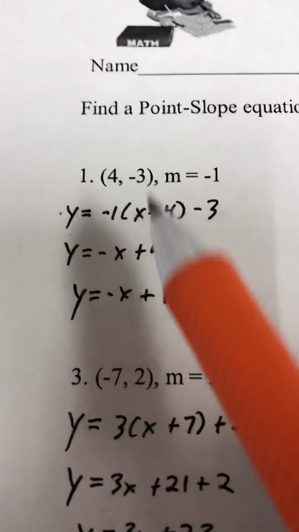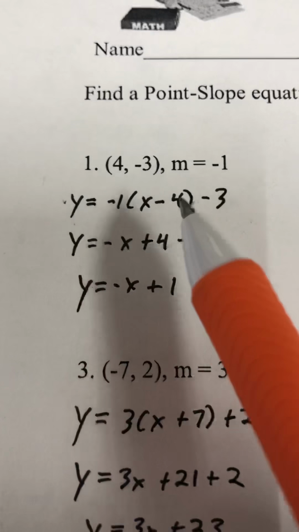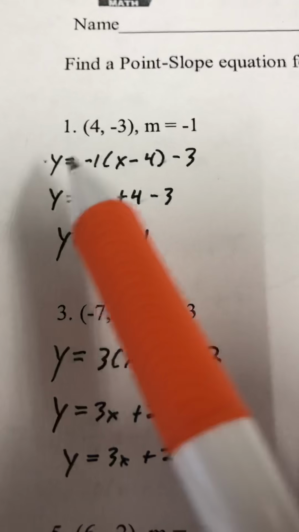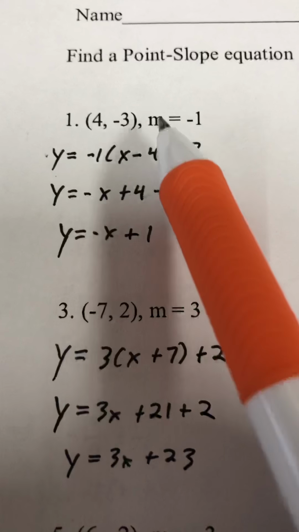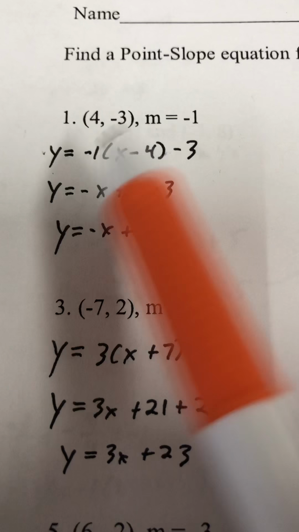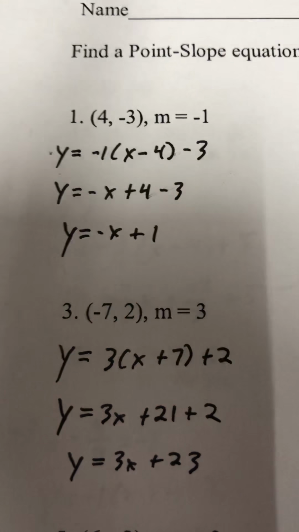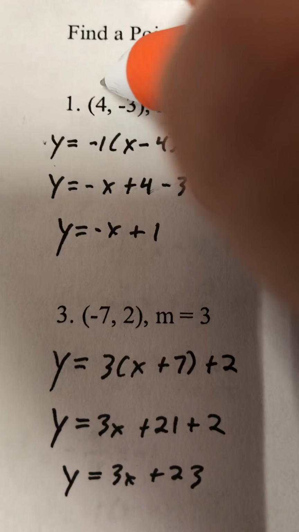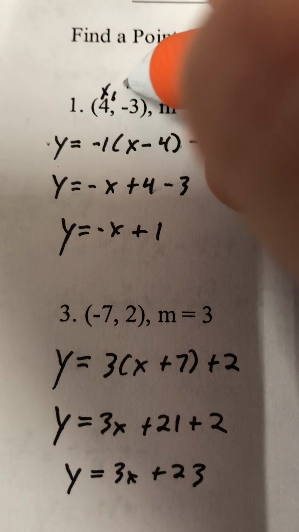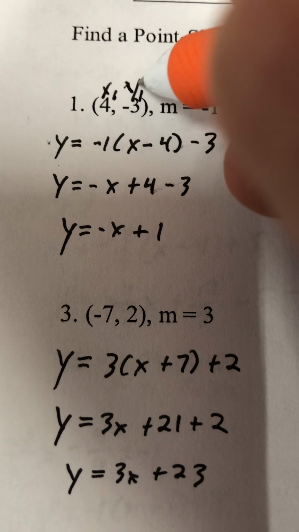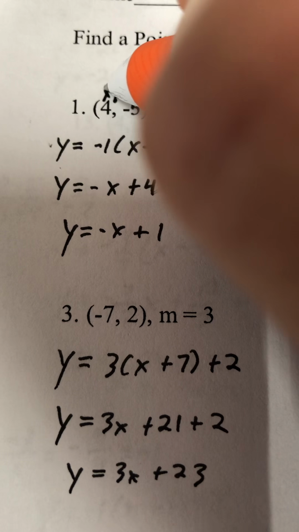All right, here we go. You can slow this down as much as you need to. I'm going to go through it kind of quickly. The slope I put in for m, and here's my x1, here's my y1 each time, right? y sub 1, x sub 1.